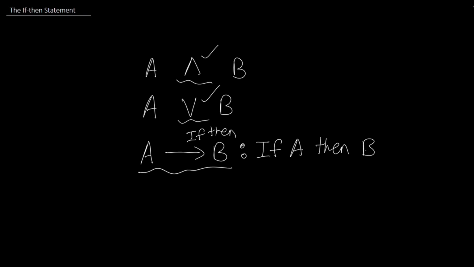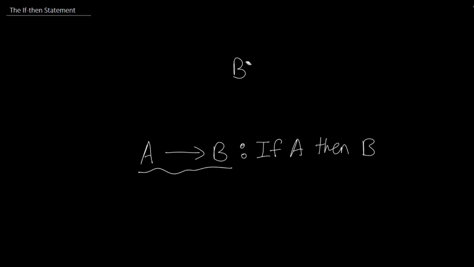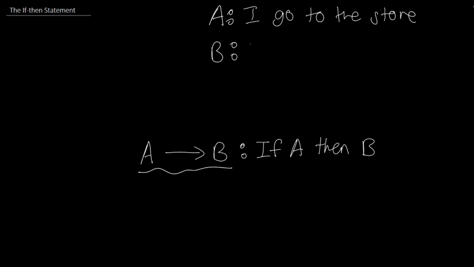So let's illustrate this with an example. That's going to help a lot. We're going to assign A a meaning and we're going to assign B a meaning as well. We're going to let A be I go to the store, and B is I'll get some milk.